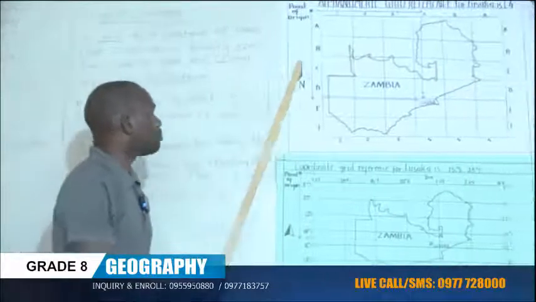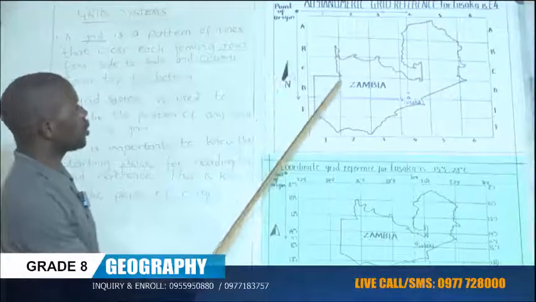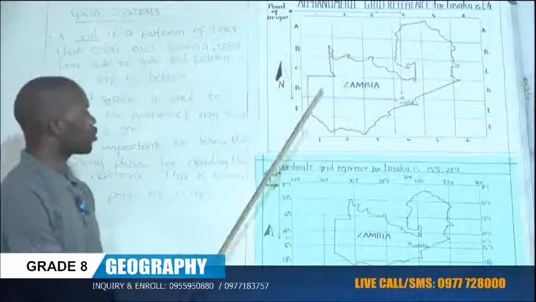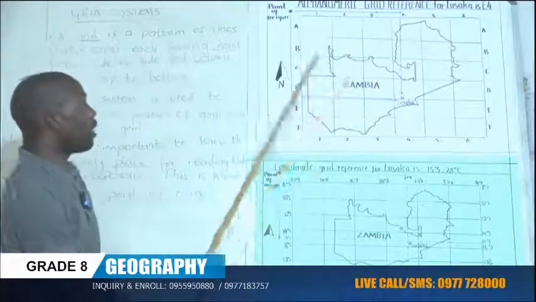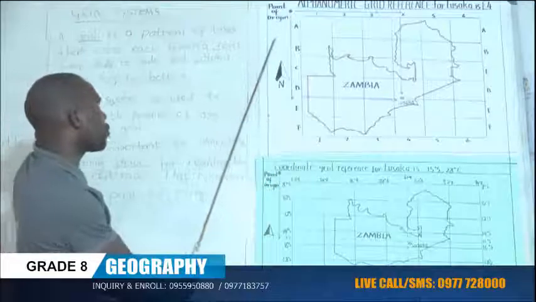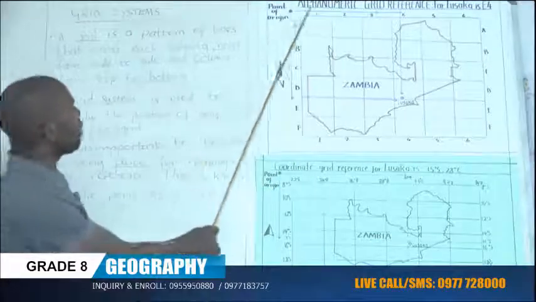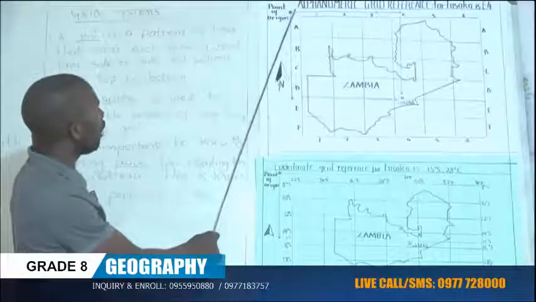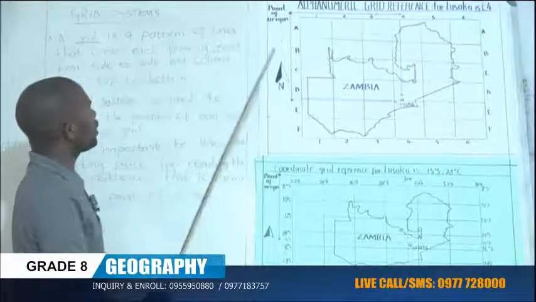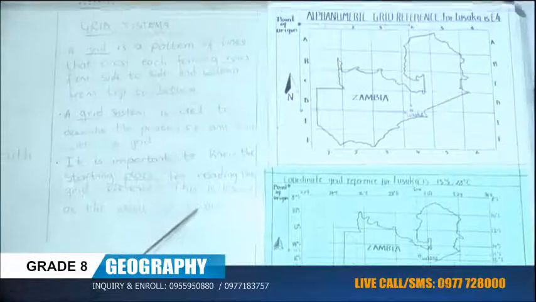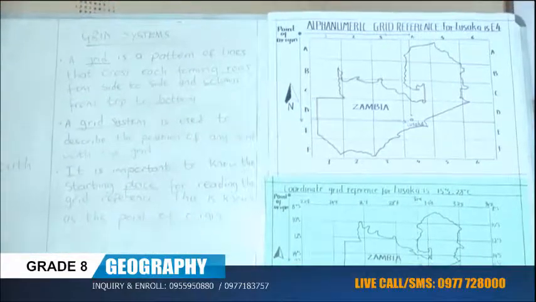This chart shows the map of Zambia. Take note of the first one for now. If you can see here, there is a point in dotted form. This is the point of origin, and that's exactly what I mean.